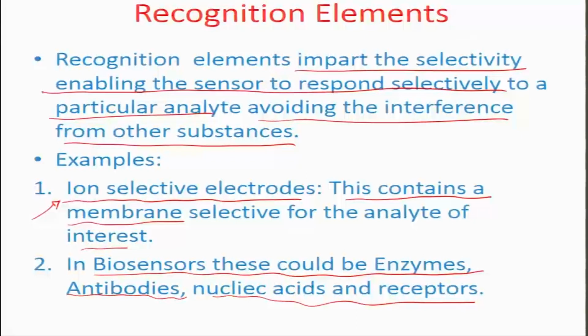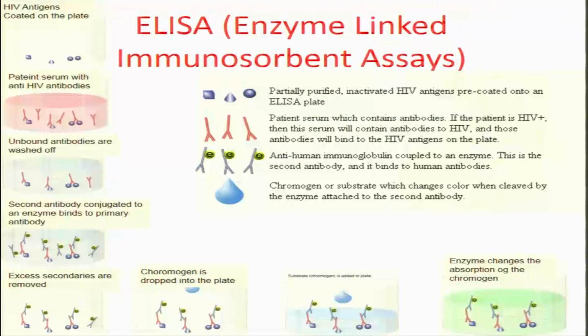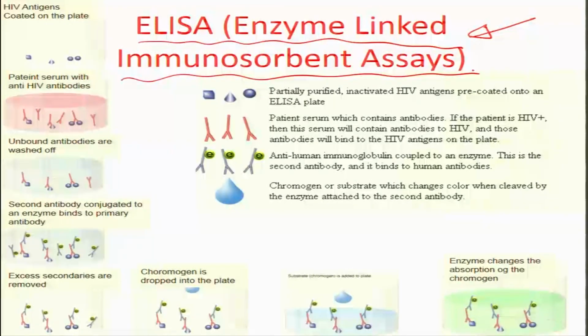Let us look at another aspect, which is how antibodies would formulate a change in the color signal. Let me give you an example of this kind. This is a very famous technique of sensing which is available to the clinical diagnostics world, which is known as ELISA. It is called enzyme linked immunosorbent assay, and this ELISA testing is very well used in the detection of HIV antigens.